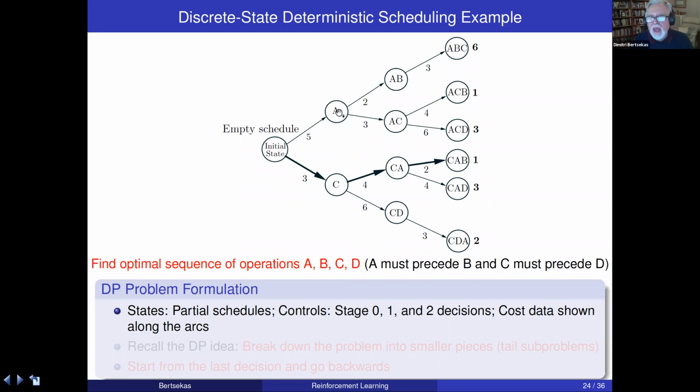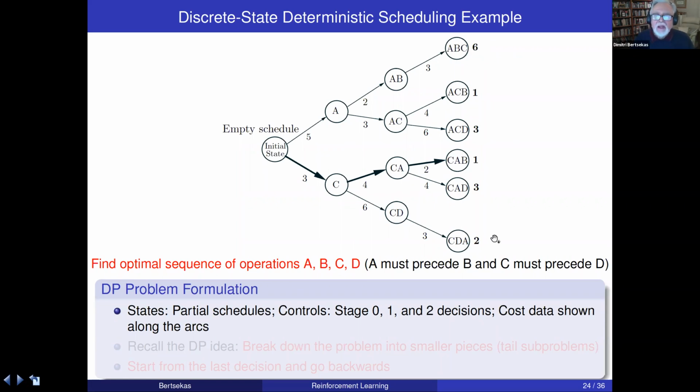So having chosen A, to choose B the cost is going to be 2 units. And having chosen AC, to choose D rather than B costs 6 units, and here it costs 4 units. And these numbers here are the terminal costs, because if we have chosen ABC, then there is also a cost of scheduling D at the end. In this example, it is 6.